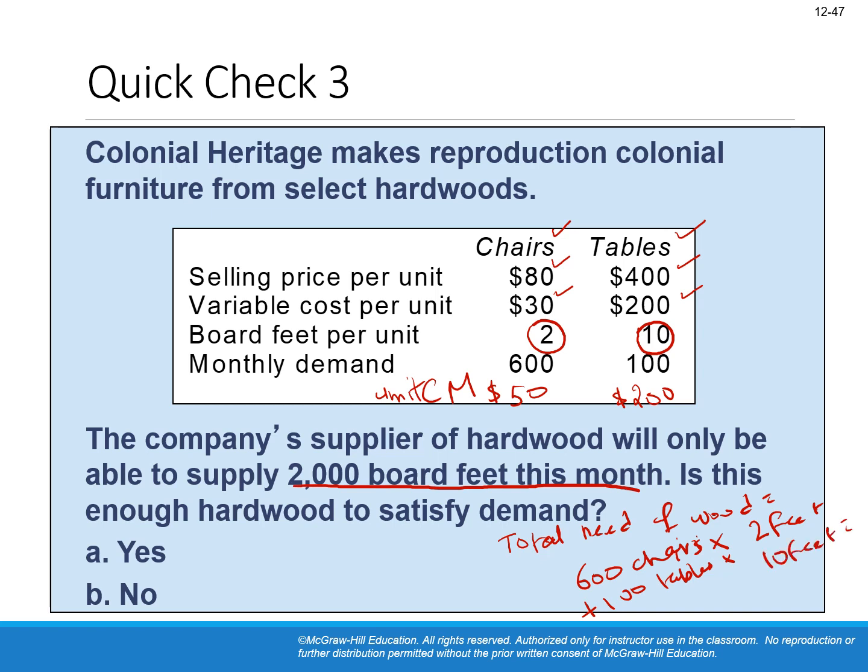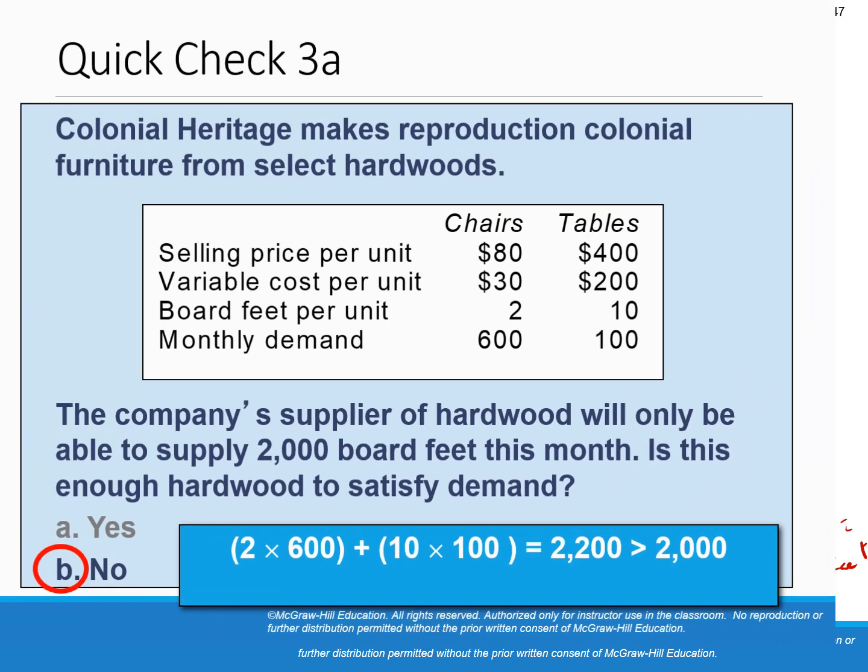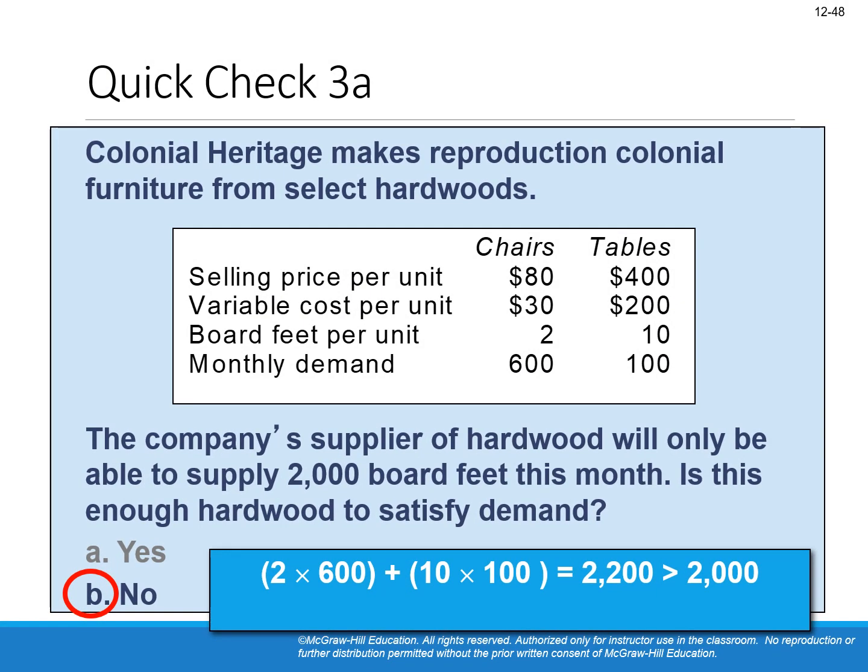So in total, you will need 2,200 feet of wood, and you can only get 2,000 board feet of wood. And therefore, you need to prioritize whether to satisfy in full the demand of chairs or the demand of tables so that you maximize your profit. So the answer to the question is no. The supplied amount of board feet does not satisfy my demand in full. I will be short on 200 board feet.